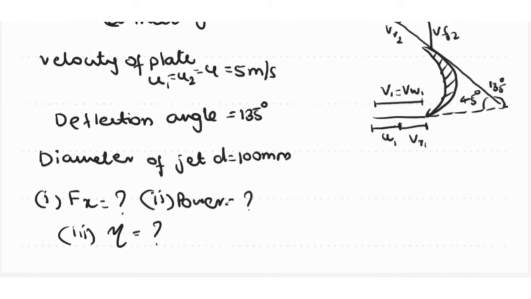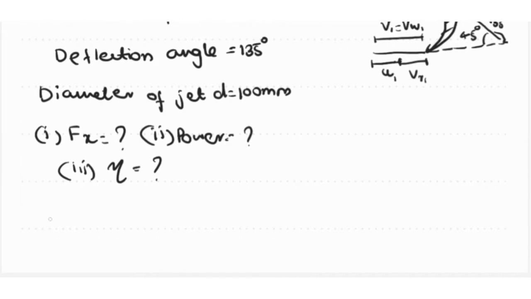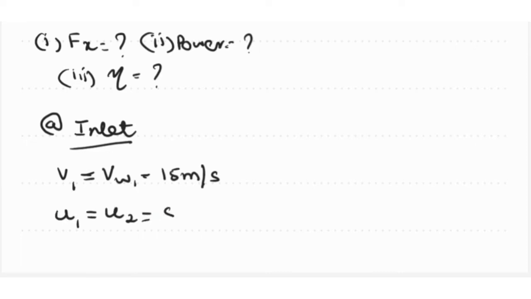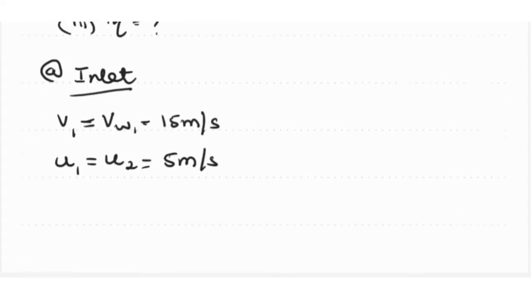So in the inlet, going to the solution, at inlet we know that V1 is equal to VR1, V1 is equal to VW1, so that is equal to 15 meter per second. U1 is equal to U2 is equal to 5 meter per second. So we can calculate here VR1 very easily.